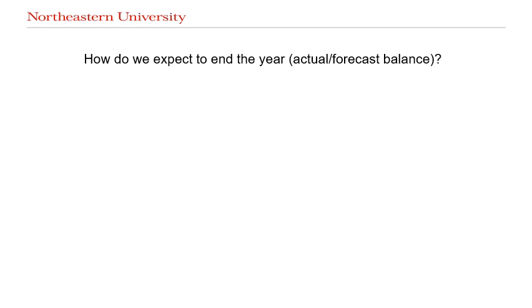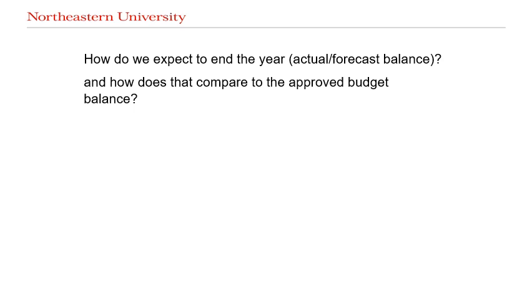Together that is the actual/forecast. And this statement will tell us what our actual/forecast total revenue will be, total expenses, and therefore total balance. And we'll compare that to the original budgeted revenue, expenses, and balance.